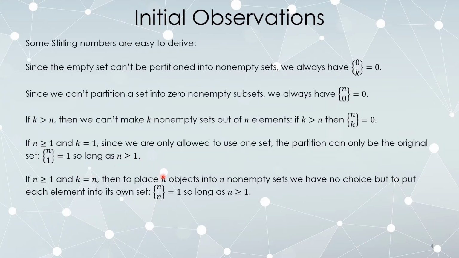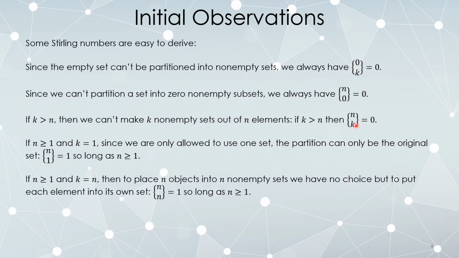Well, if I have n objects into n non-empty sets, you sort of quickly see the only way to do this is to put every element into its own set. Since there's only one way to do that, everything gets its own set. If the two numbers are equal to one another and are not 0, then the Stirling number of the second kind is also 1.